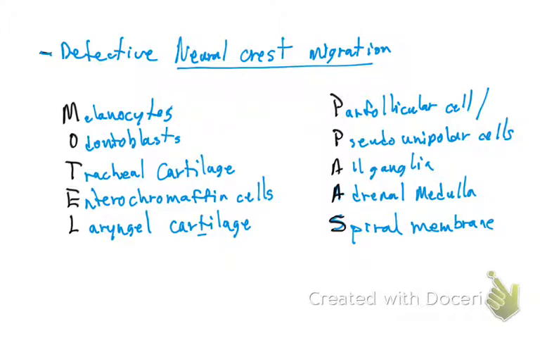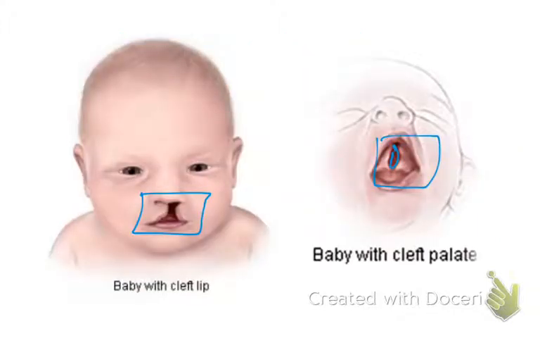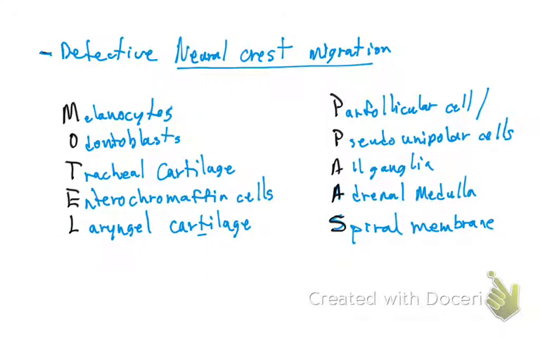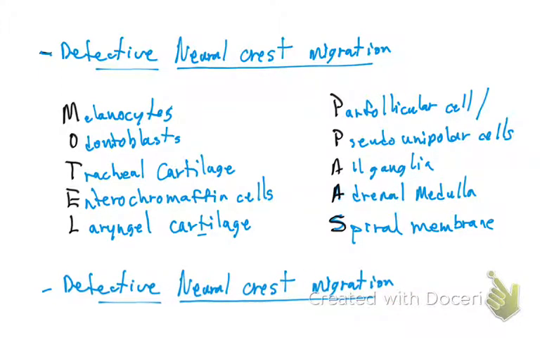Now we can come back again to our DiGeorge syndrome. So when they have a defect in this neural crest migration, where is this neural crest migration derived from?